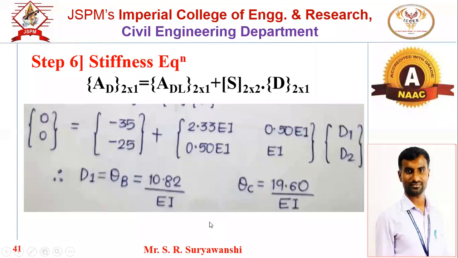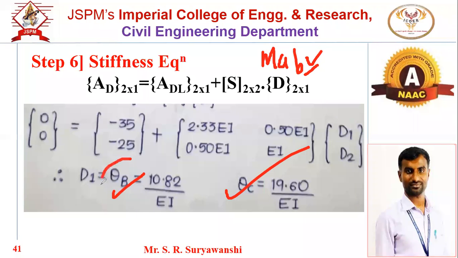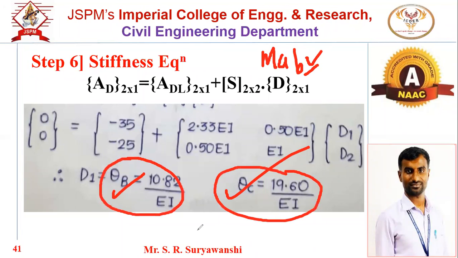Now, once you get the values of theta B and theta C, what is our next task? What is our ultimate aim? We have to find out M_AB, M_BA, M_BC, and M_CB. We want the final end moments. So we have got the unknown displacements, so what is next?